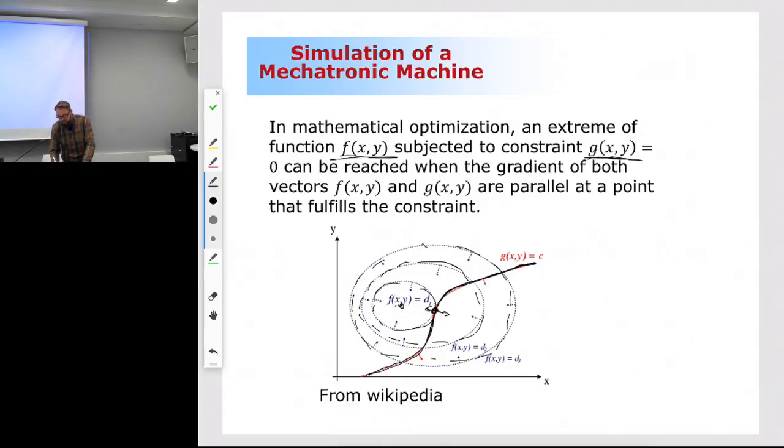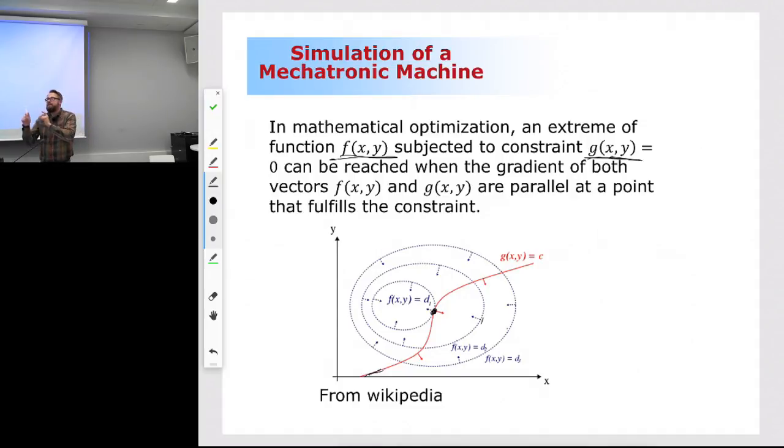The way I find that is by looking at the gradients of the function itself and also the constraint. Obviously, the extreme can be found in this particular location, because I cannot get any higher in my contours than this point while fulfilling the constraint, while I'm on the red line of this picture.